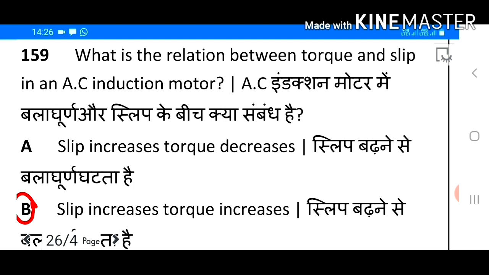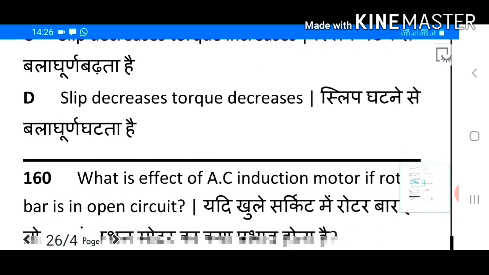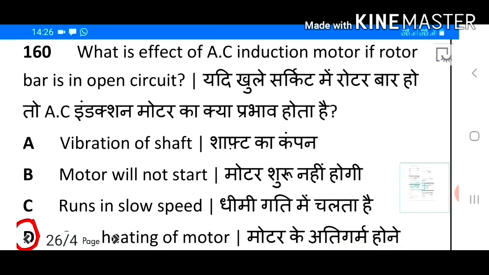159. What is the relation between torque and slip in an AC induction motor? Answer B. Slip increases, torque increases. 160. What is effect of AC induction motor if rotor bar is in open circuit?